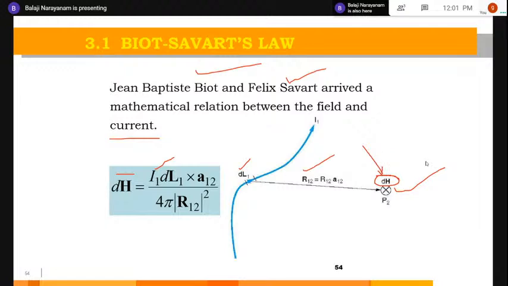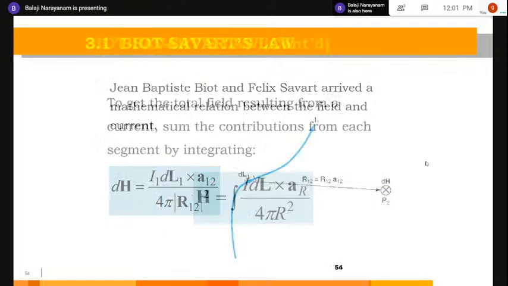Then dH bar is given by I dL cross producted with the unit vector a12 bar, divided by 4 pi R12 whole square. This is what is given.